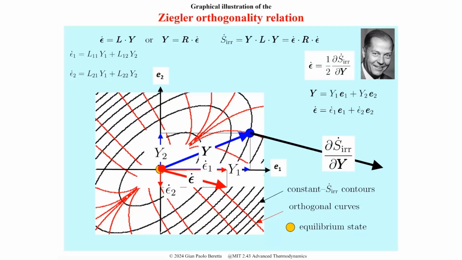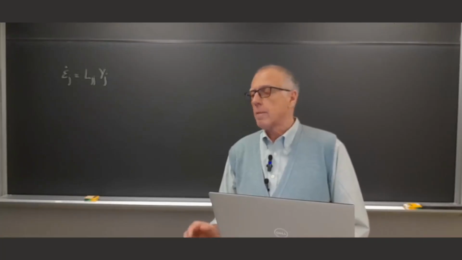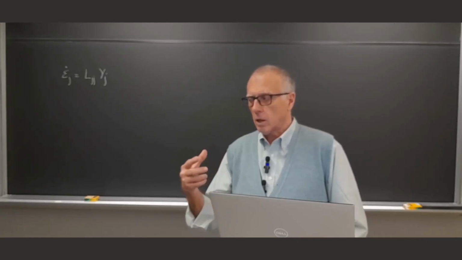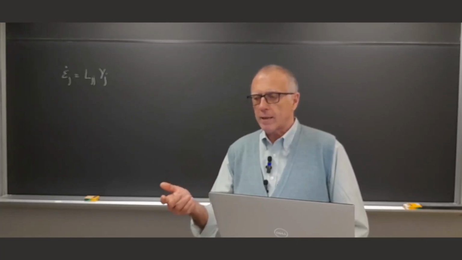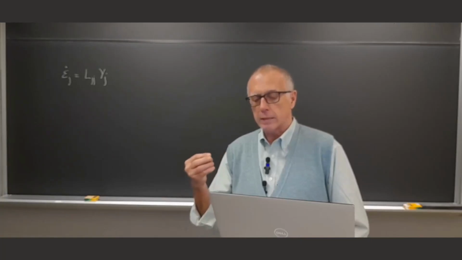But here you see the coupling makes it so the off-diagonal terms make it so, in this particular region of states, that look at reaction 2. It has a positive affinity, but as a result of the coupling, it gets a negative reaction rate. So these off-diagonal terms may actually drive the system in a somewhat unexpected direction.